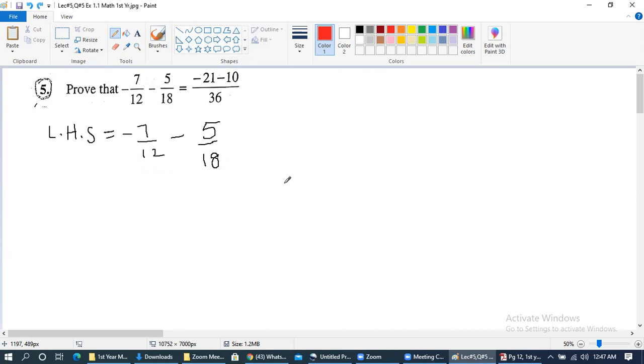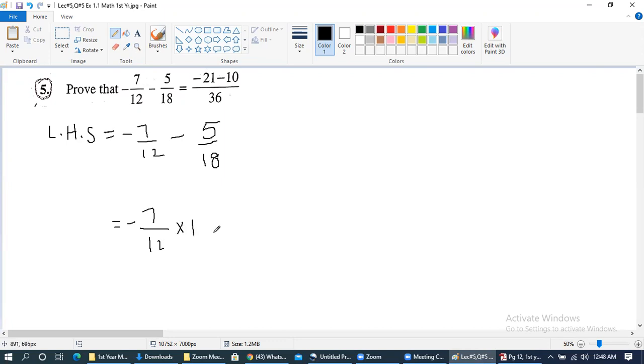We cannot do it directly, we are not allowed to, because we have to justify each and every step. Therefore, before doing this, we have to use the property of multiplicative identity, in which minus 7 by 12 is the same as minus 7 by 12 multiplied by 1.